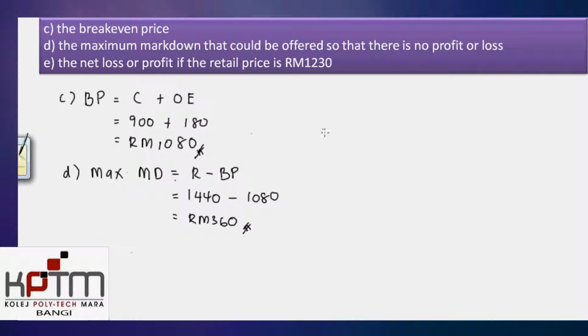And the last is the net loss or profit if the retail price is 1,230 ringgit. So to find the net loss or profit, we will minus 1,230 ringgit with 1,080 ringgit.